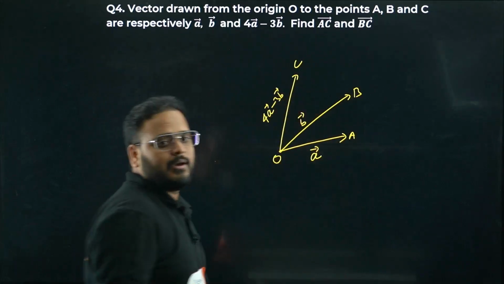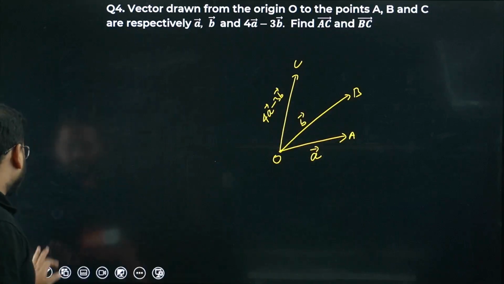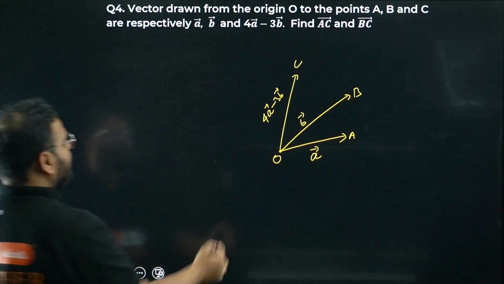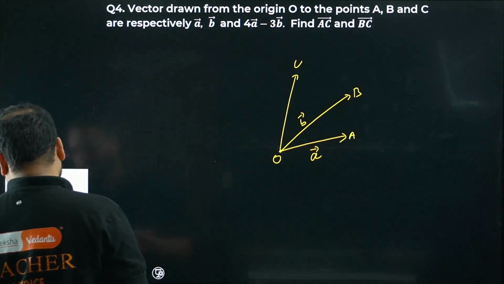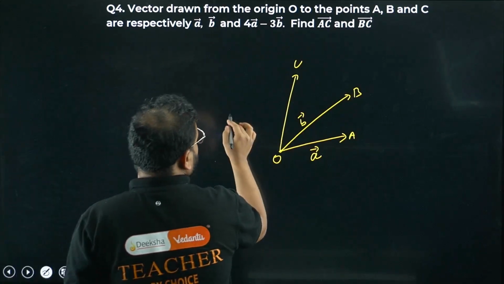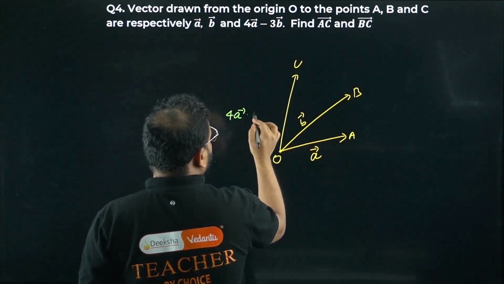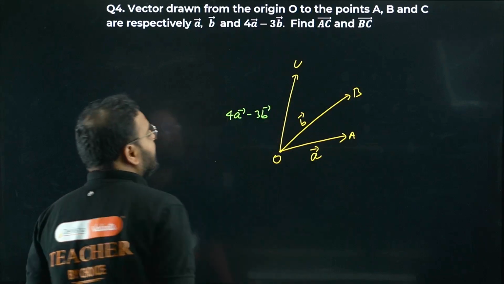I hope this is visible. No? I'll rewrite this part, no problem. OC is nothing but 4A minus 3B.